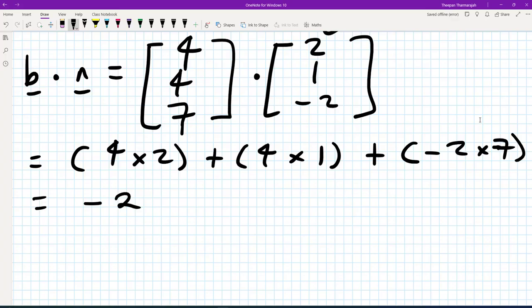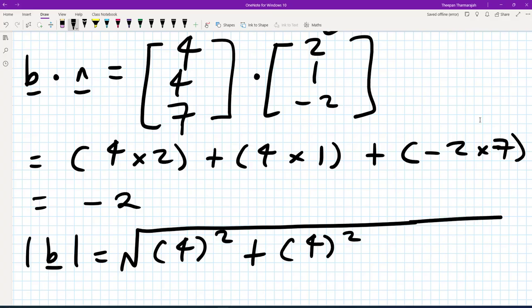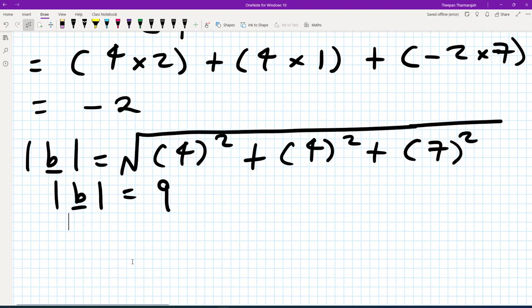So now we're going to say mod B is going to be 4 squared plus 4 squared plus 7 all squared. So mod B works out to be 9. So we've got that there, and I need to underline my vectors. Exactly what you do at GCSE. Same thing in A-level maths and further maths A-level.